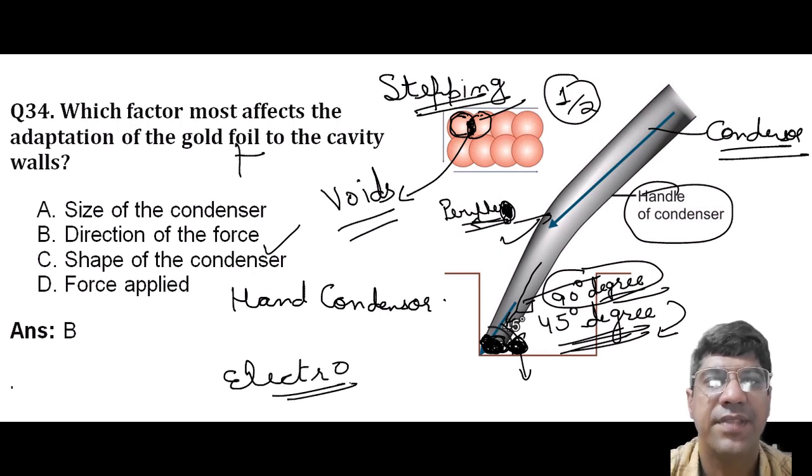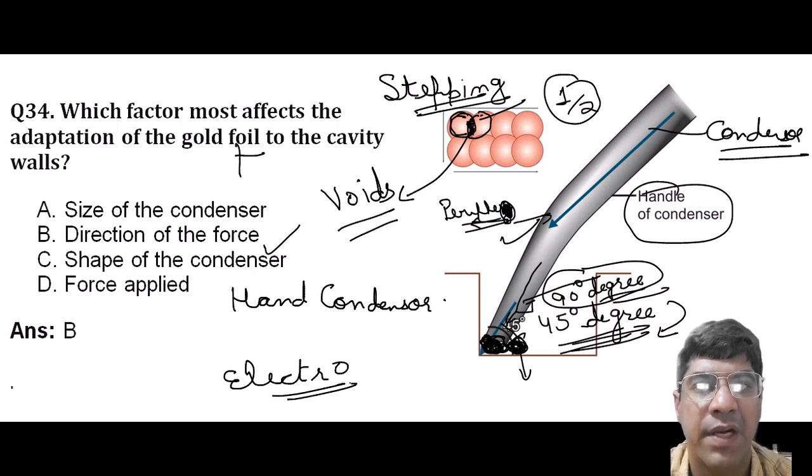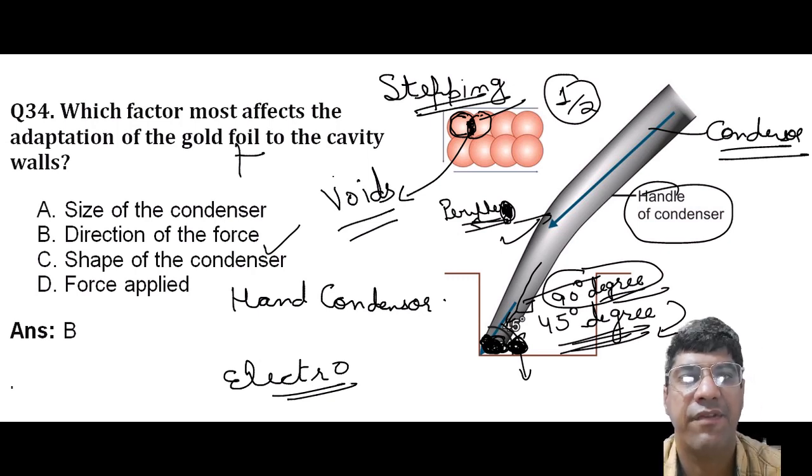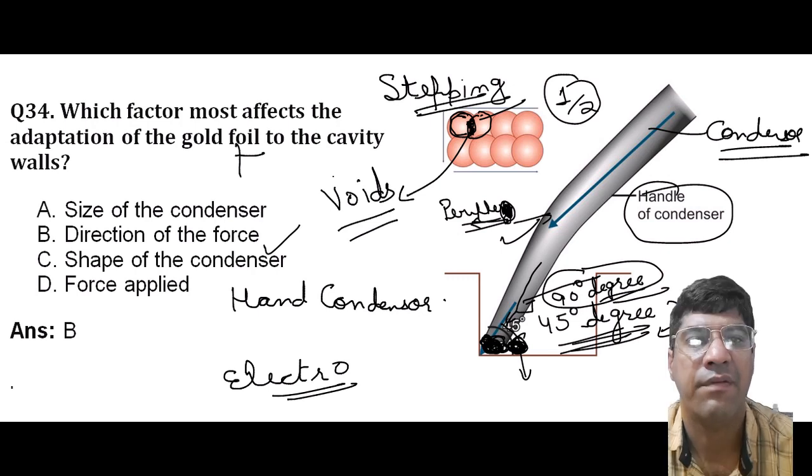The hand condensers are used with a hand mallet. They have a long shank, whereas the condensers for electro mallets have a short shank that fits into the malleting handpiece, and they are used with the electro mallet.